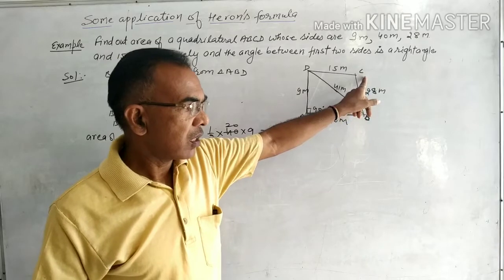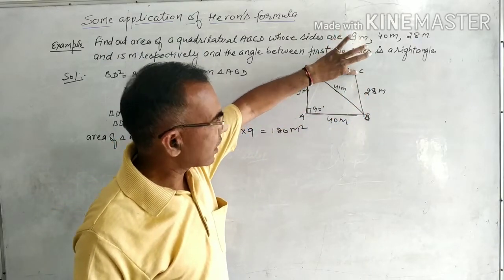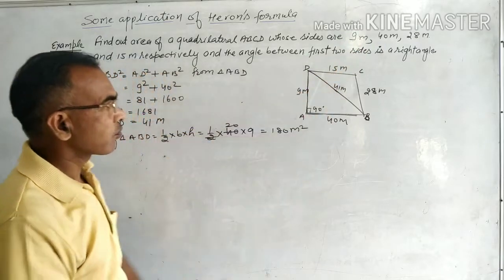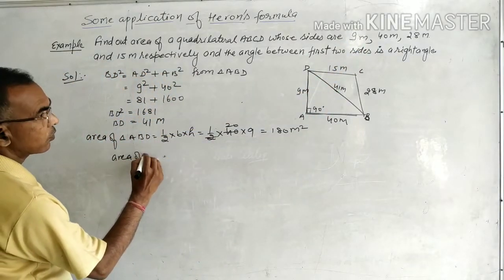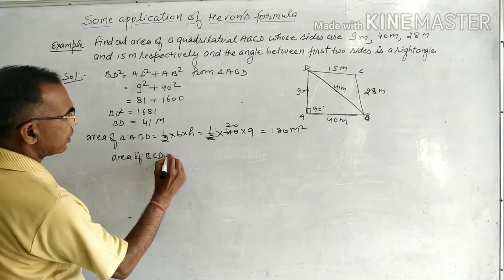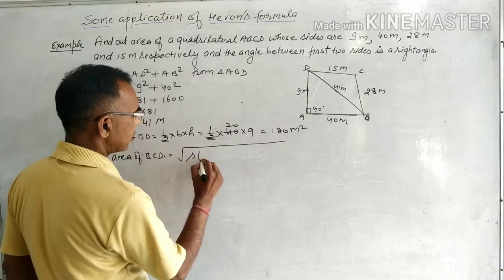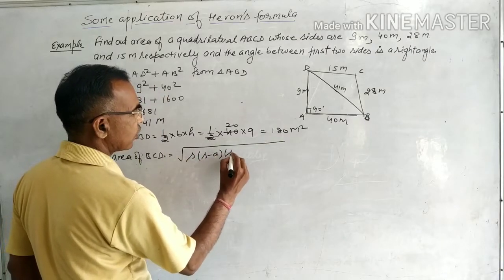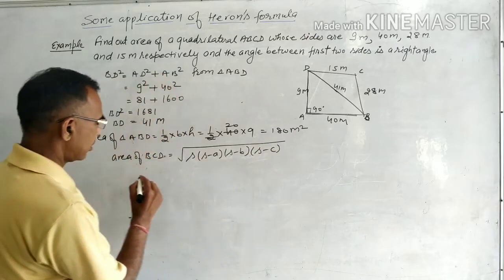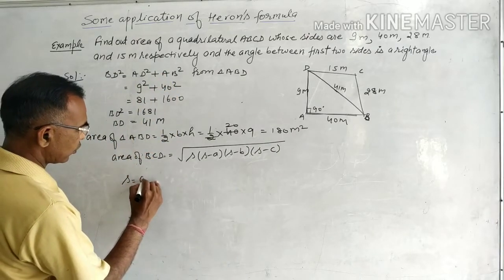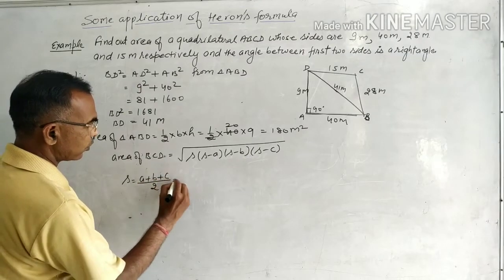Now this triangle BCD is a different kind of triangle in which no angle is 90 degrees. So area of BCD equals square root of S into S minus A, S minus B, S minus C, where S equals A plus B plus C by 2.